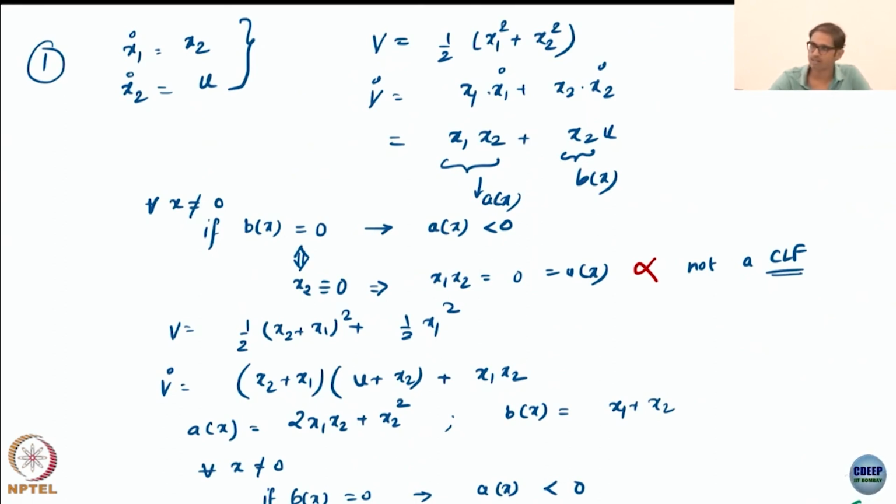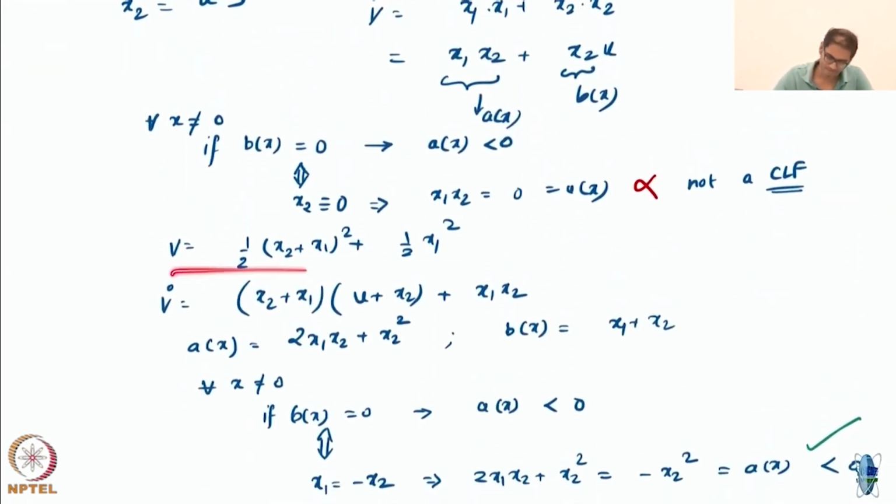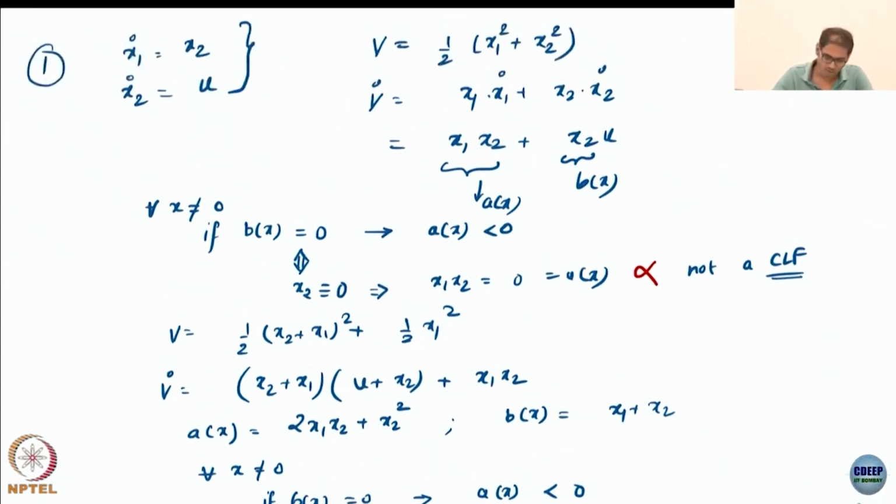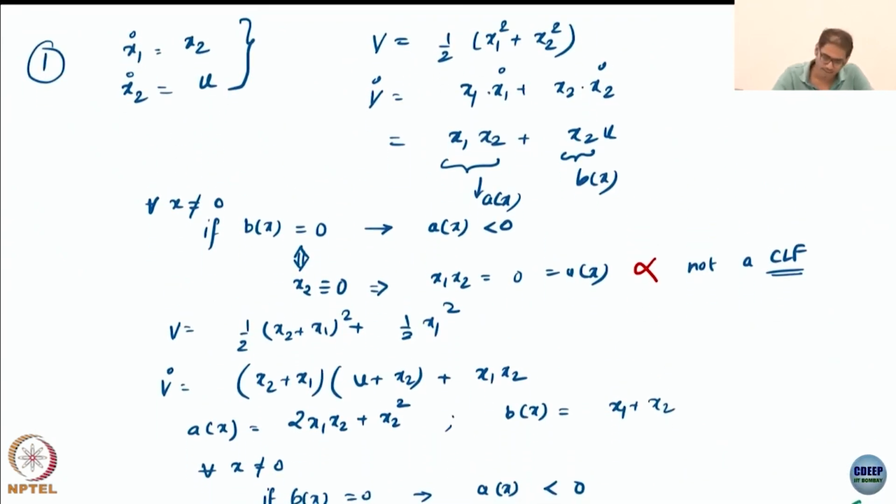Forget what I gave you as another V. Do you folks think you can guess what I can add here? Suppose, let's see, notice that these pieces are inside this V, right? x2 square plus x1 square is also here, right? There are some additional terms, that's all. So forget what I gave. Can you add some term here to make it a CLF to this guy?